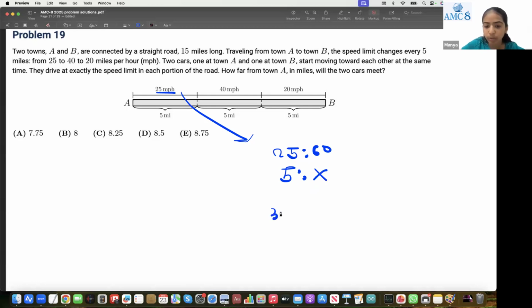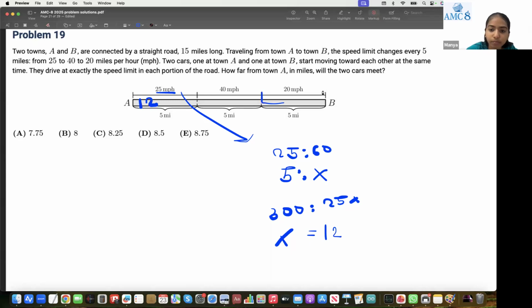And when we cross multiply, we're going to get 60 times 5, which will be giving us 300, and 25 times x, which will be 25x. So if we have 300 equals 25x, we're going to be getting x equals 12. So since we got x equals 12, that means that this car will take 12 minutes to travel this much.